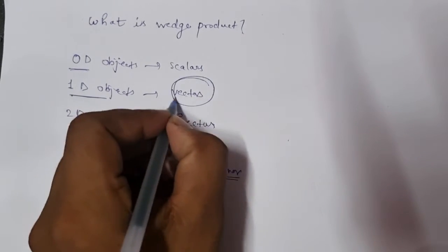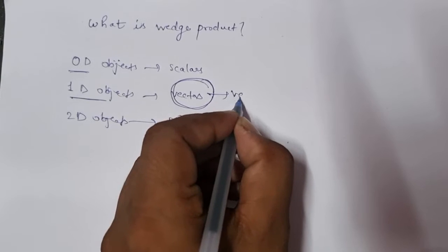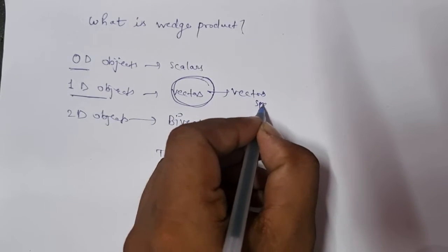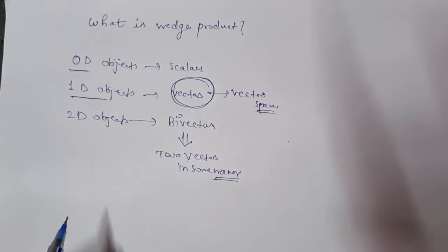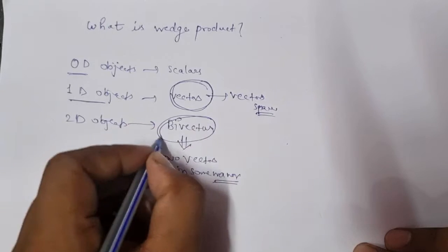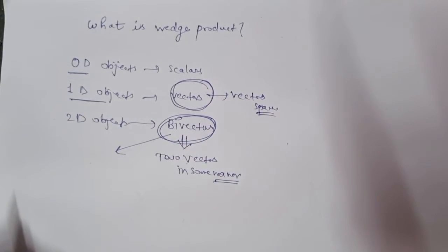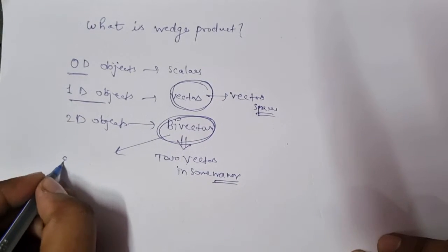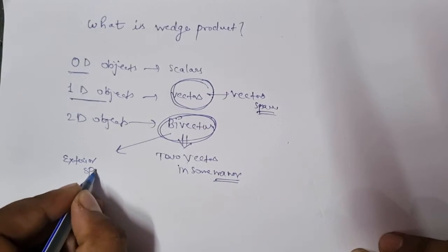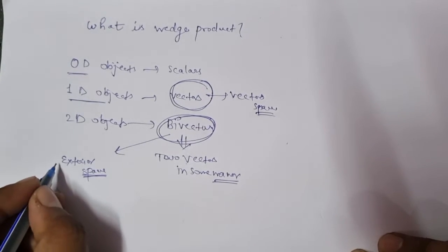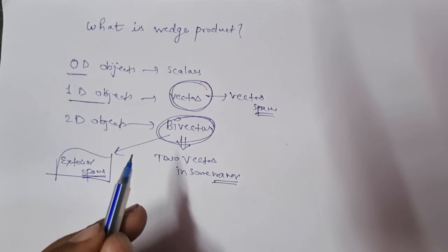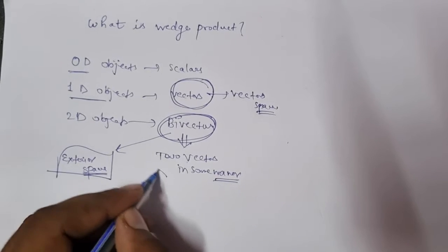As you know, vectors live in an abstract space called vector space. There is a place where all vectors live, and this place is called vector space. Similarly, there is a space where all bivectors live, called exterior space. So a bivector is a member of the exterior space, and it is made up of two vectors.